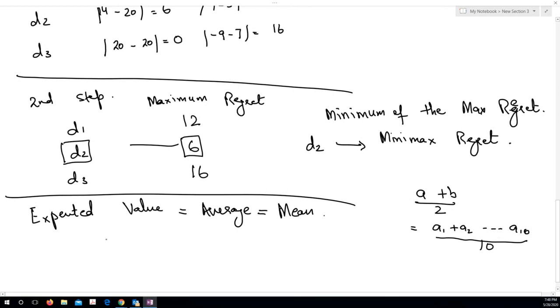In probability, we can find the expected value of events, or total expectation.